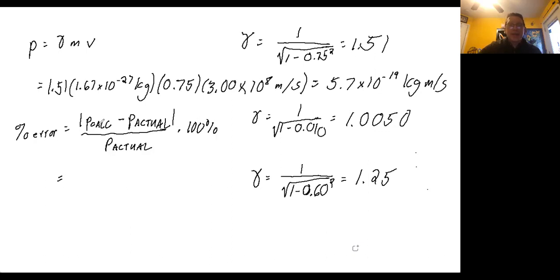The calculated value we know is mv, minus 1.0050 mv, divided by 1.0050 mv, times 100%. So the mv terms don't matter, mv being the non-relativistic version.